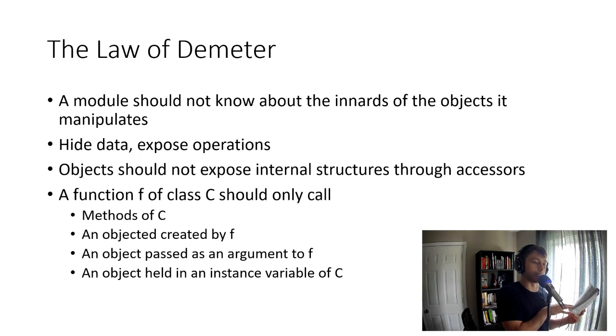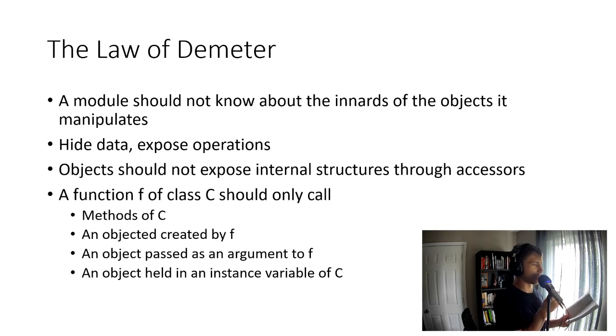Or you create functions that present meaningful data without exposing the instance variables that are a part of that class. So that's what the law of Demeter is saying. You shouldn't know about the innards of the object you're manipulating. This goes for a lot of things. It should hide the data.